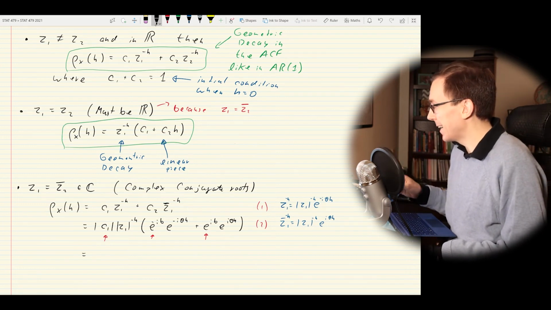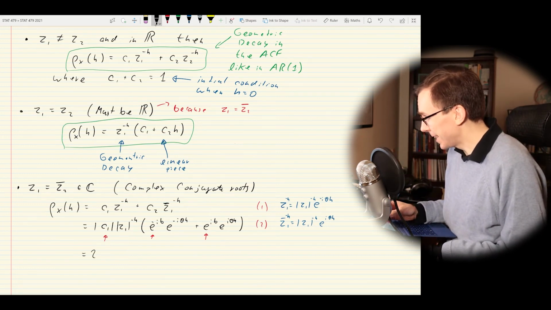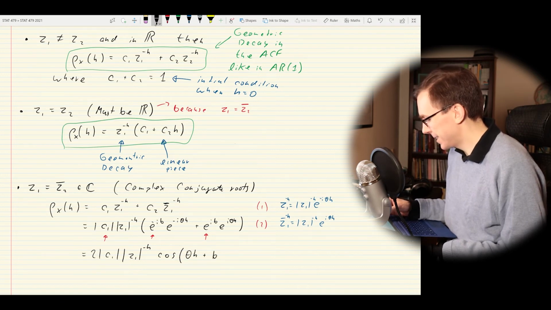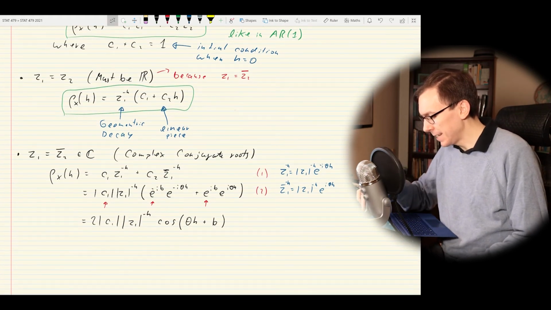Well, when I do that, I get a cosine out. And what it looks like is Z1 to the minus h, and then we're going to have something like the cosine of theta h plus b. Right, so this is kind of neat.